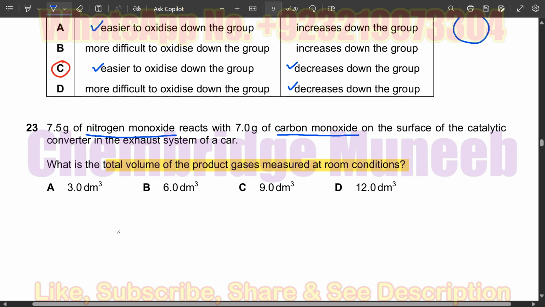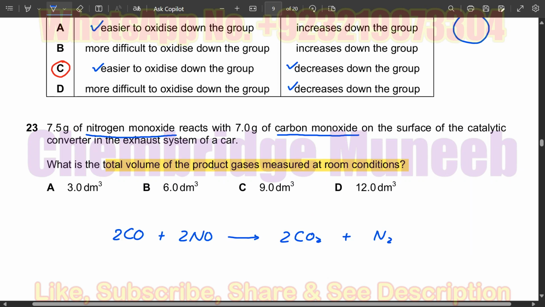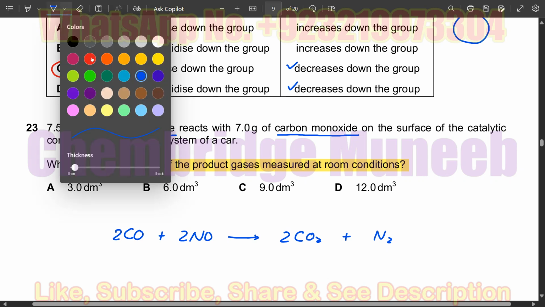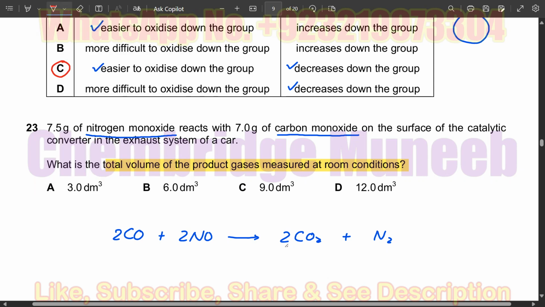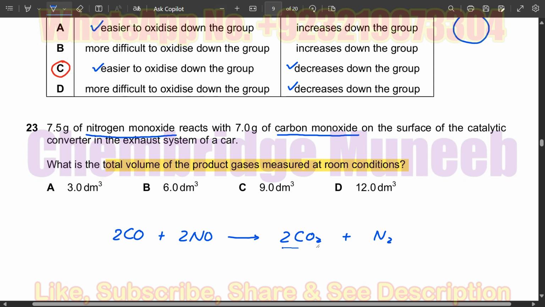So I will write 2CO plus 2NO will produce 2CO2 and N2. After this, we have to do some calculations. The question says the volume of the product gases. The product gases here are CO2 and N2.